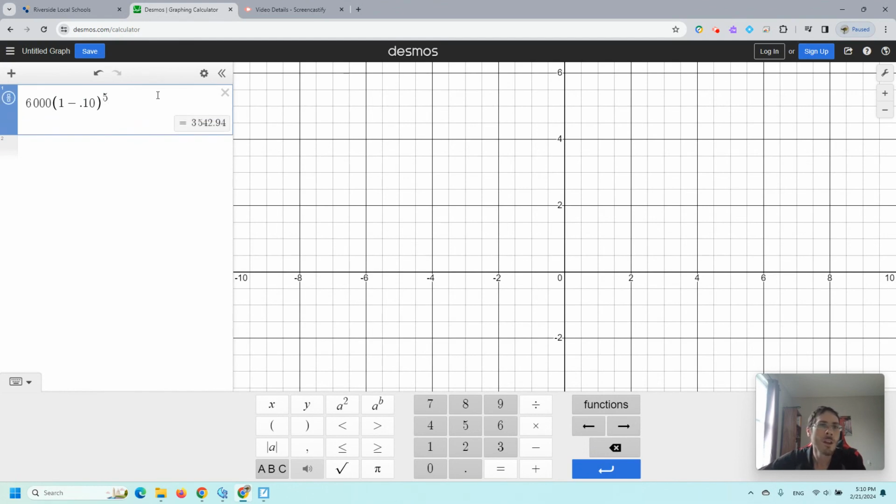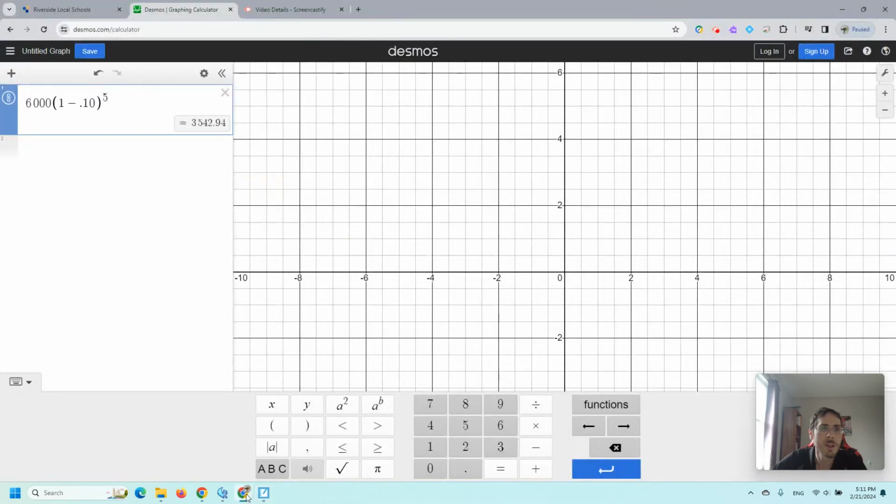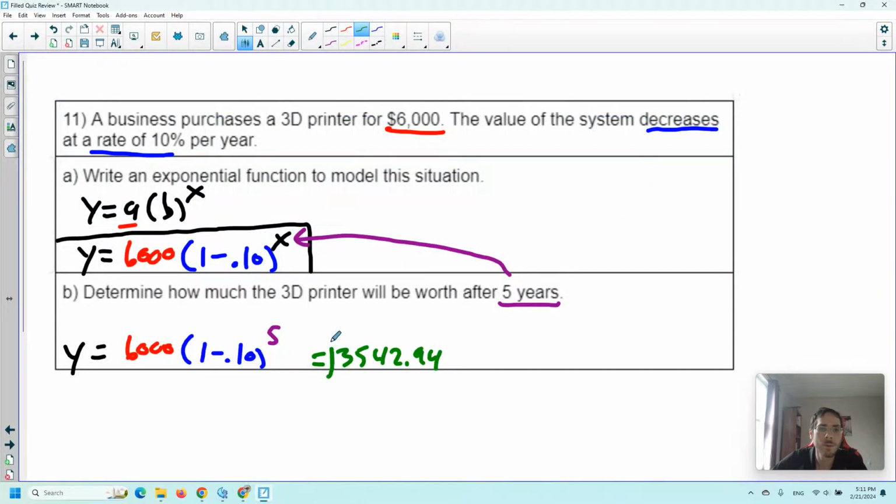And we get $3,542.94. That's it. We're all done. So we're all set with that one. It's a really quick one. We just plugged the 5 in. So there we go. All right, we're moving on to 12.